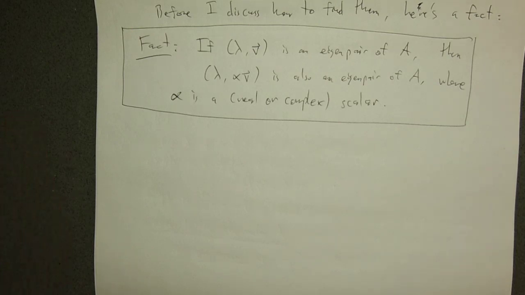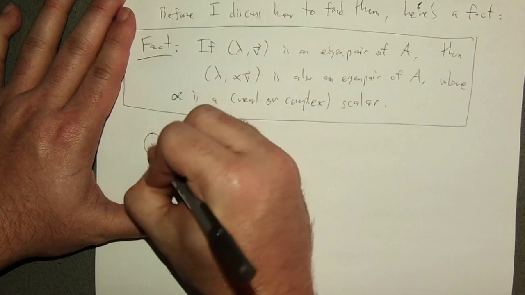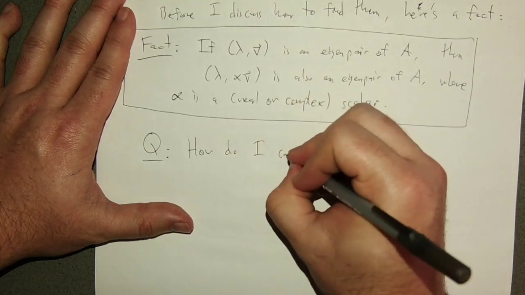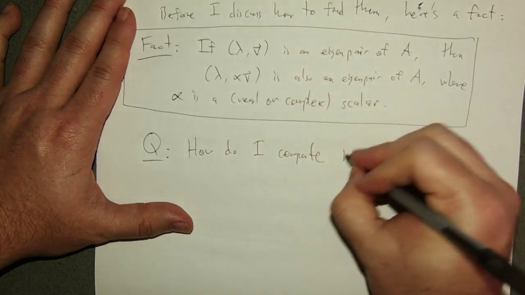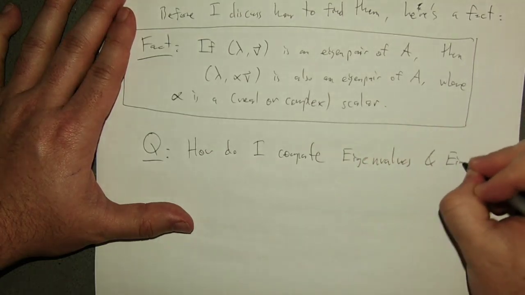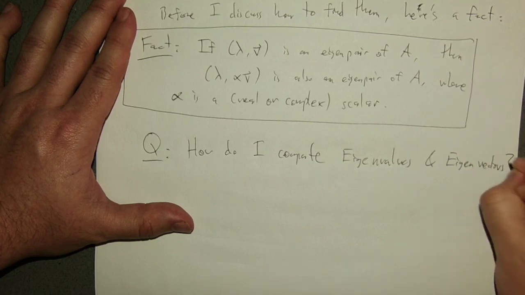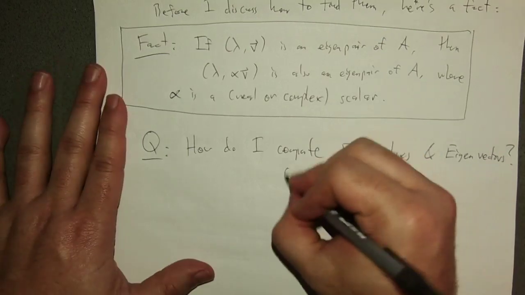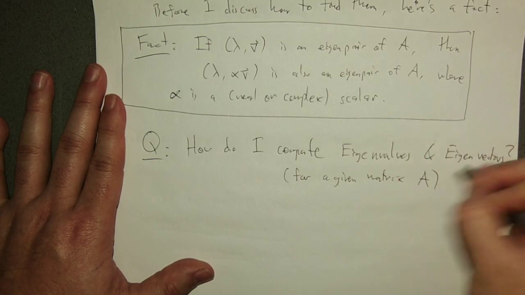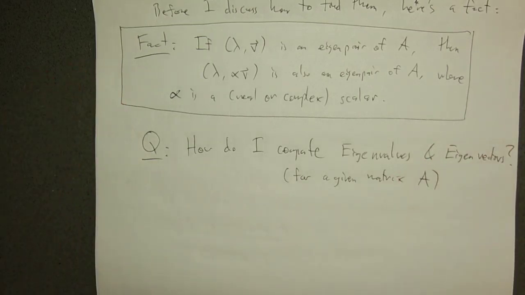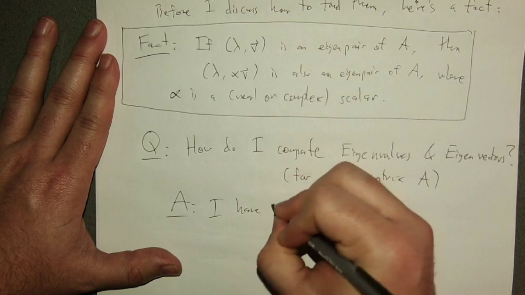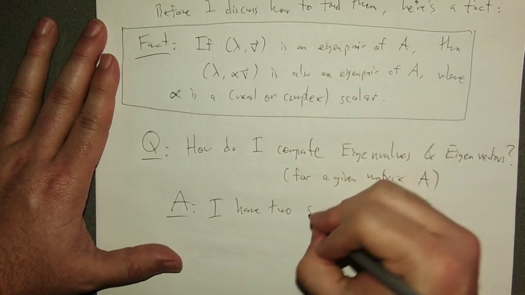Okay, so big question: how do I compute eigenvalues and eigenvectors for a given matrix A, obviously? This is going to be done in 2 steps.